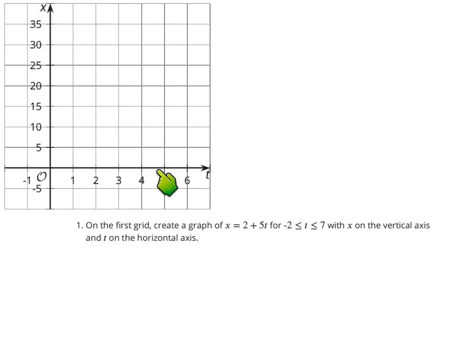We can name these axes whatever we want, we can use whatever letters we want in this equation. So here we're using x and t, my input is t, and therefore all of my points on this graph would be in the format of t, comma, x.